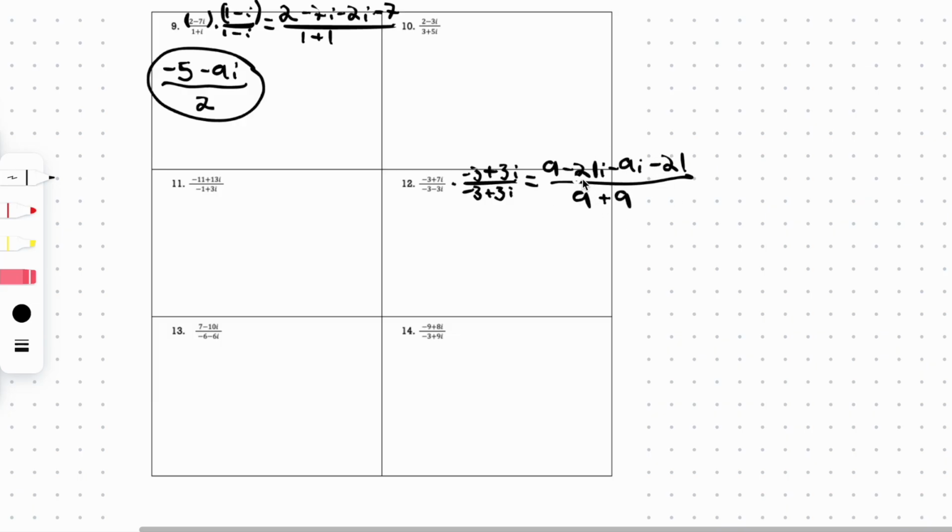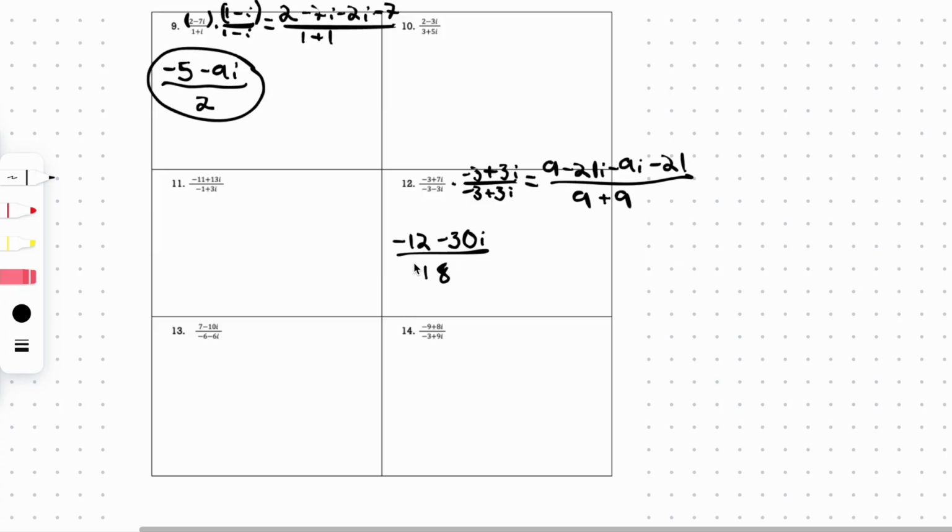We combine like terms on the numerator. We get 9 minus 21, which is going to be negative 12. And negative 21i minus 9i is going to be negative 30i over 9 plus 9, 18. Here we can simplify.